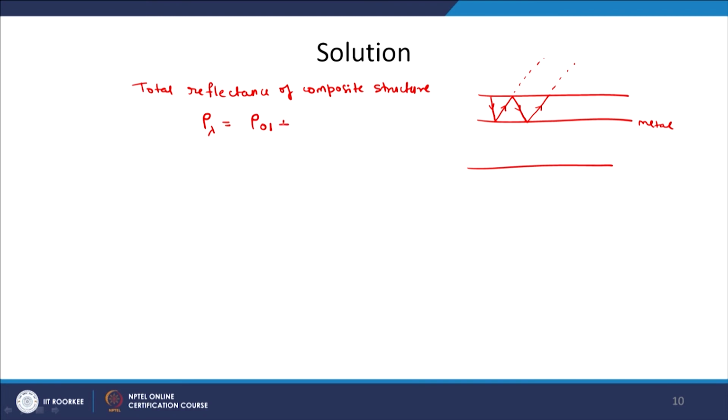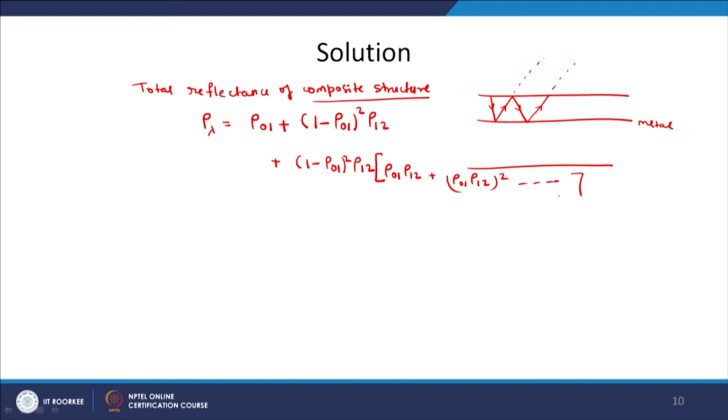So, this will be equal to rho 0 1 plus (1 minus rho 0 1) squared rho 1 2 plus (1 minus rho 0 1) squared rho 0 1 rho 1 2 squared, and then there will be a series in this: rho 0 1 rho 1 2, plus (rho 0 1 rho 1 2) squared, and so on. So, there will be multiple reflections. So, this is the reflectance of the composite structure.